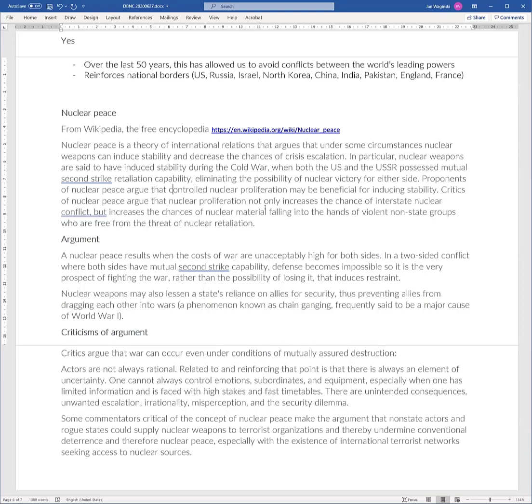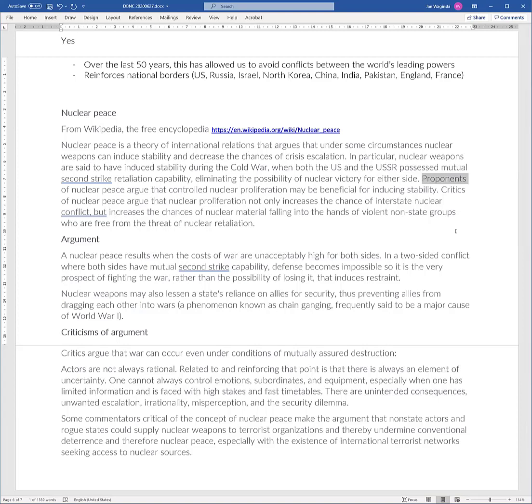Components of nuclear peace. Proponents of nuclear peace argue that controlled nuclear proliferation might be beneficial for inducing stability.